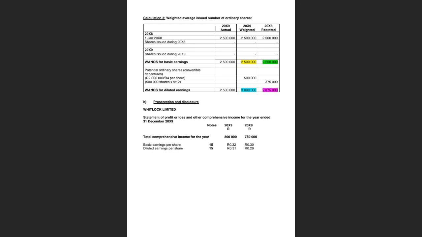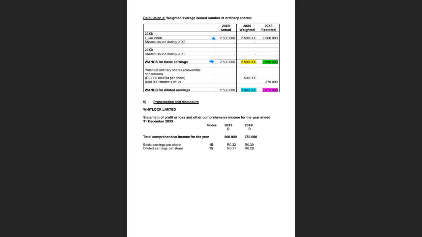Okay, so now let's have a look at the WANOS. Again, very easy basic calculation. It starts off with an opening balance, which we got from our question. The basic WANOS ends with the same amounts. And then in the current year, we would not weight those shares.